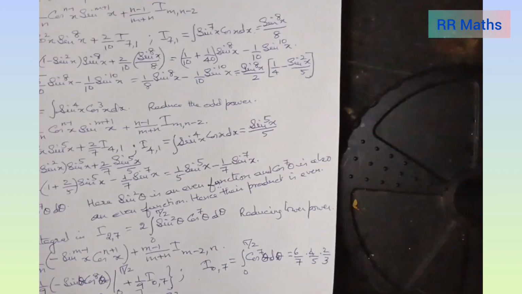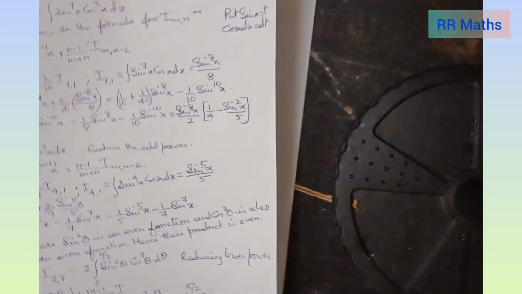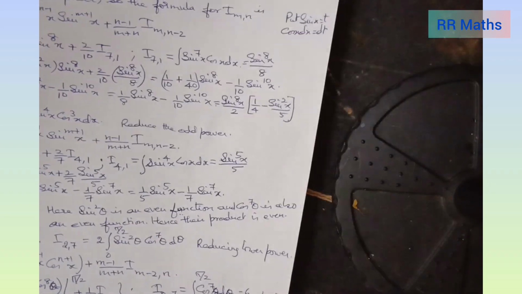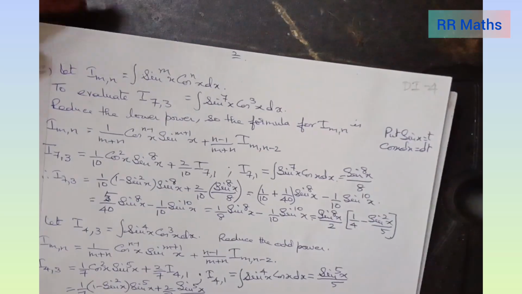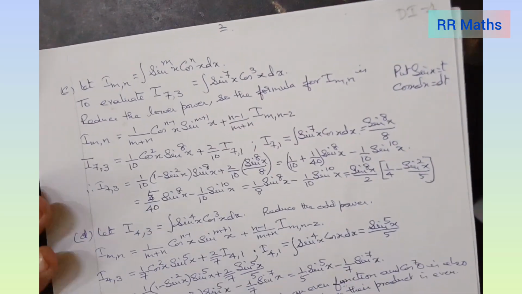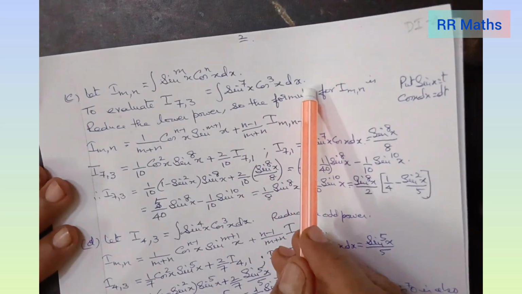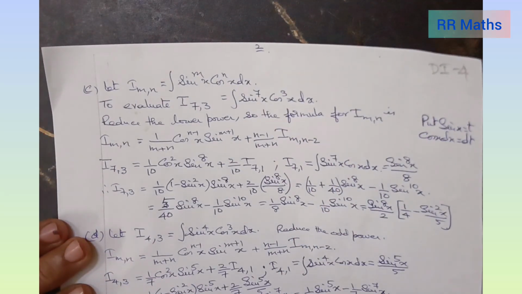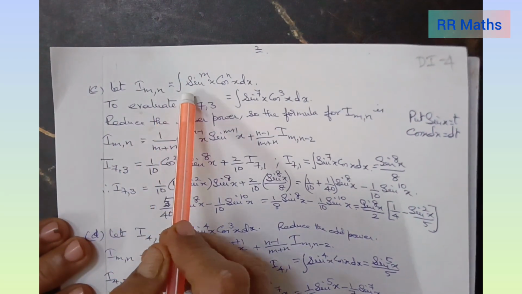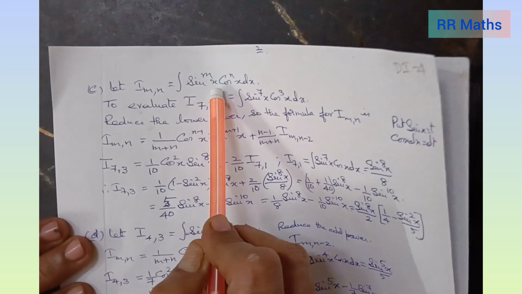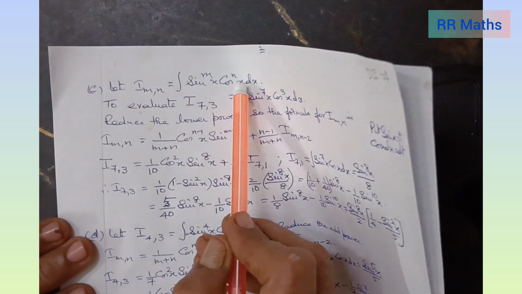So next problem that we had taken was integral of sin to the power of 7x cos to the power of 3x dx. So here I will consider I m comma n, which is equal to integral of sin power mx cos power nx dx.